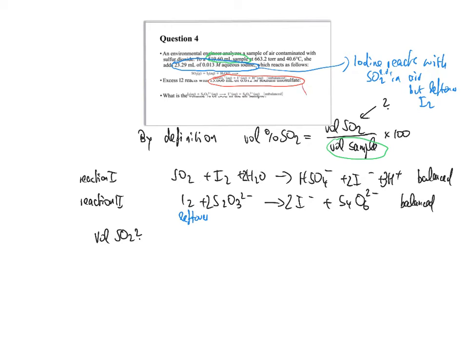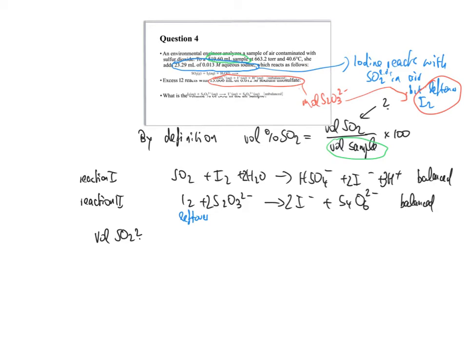So this will give me the moles of S2O3 2 minus, and from the moles of S2O3 2 minus I get the moles of leftover I2. And from the total and the leftover I can get the moles of SO2 that was originally in the air sample.